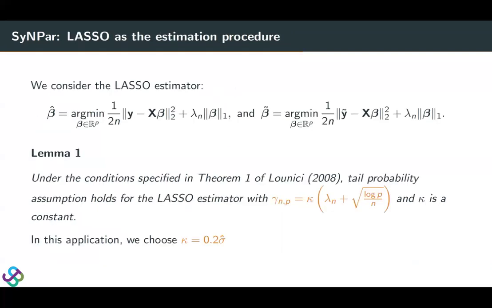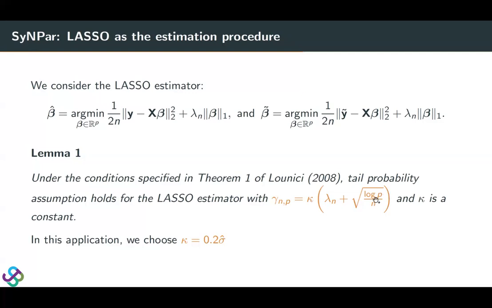If we use lasso as the estimation procedure on both data sets, the original data and the synthetic null data, the lasso tuning parameter for sparsity regularization is chosen by cross-validation on the original data, and we use the same lambda n on the synthetic null data. For lasso, there is theory guaranteeing a high probability upper bound on the infinity norm, in the order of root log p over n.